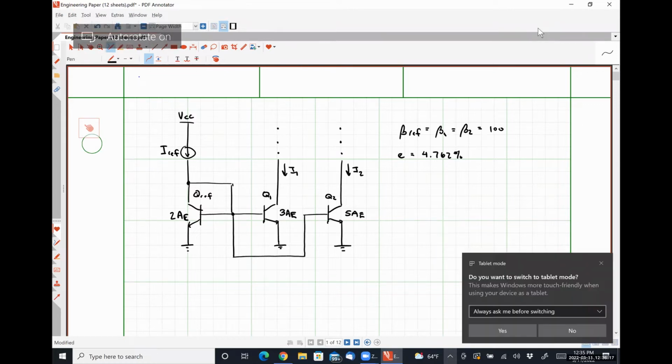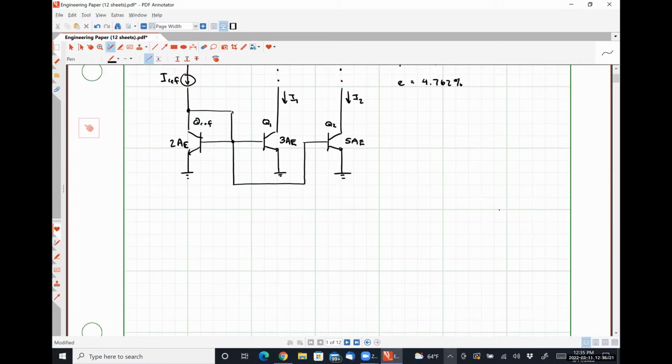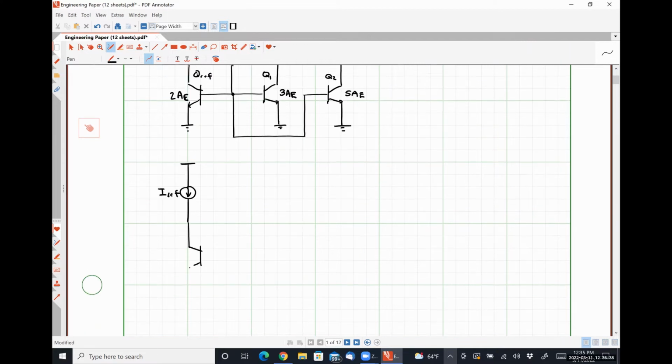What that's going to look like, not going to be a jerk and just copy this because you guys get mad at me, is something like this. So we have our reference current. Here is QREF.